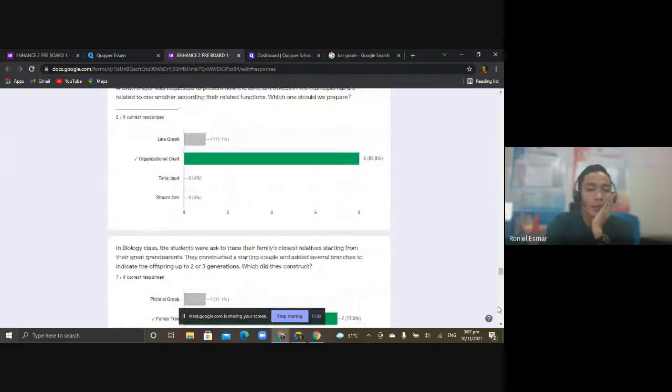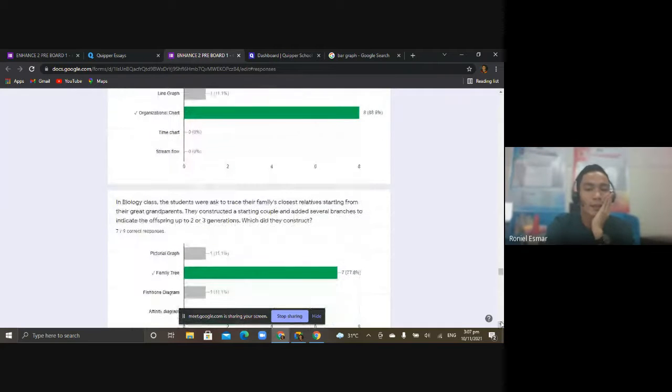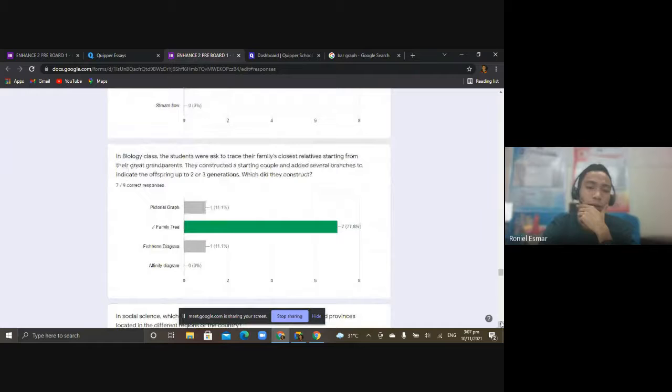Next, na sakit na akong ulo. In biology class, the students were asked to trace their family's closest relatives. Now, even without reading the entirety of the question, makagets na to diretso, no? Not talking about the family's closest relatives starting from their great-grandparents. No, of course, we make use of a family tree.